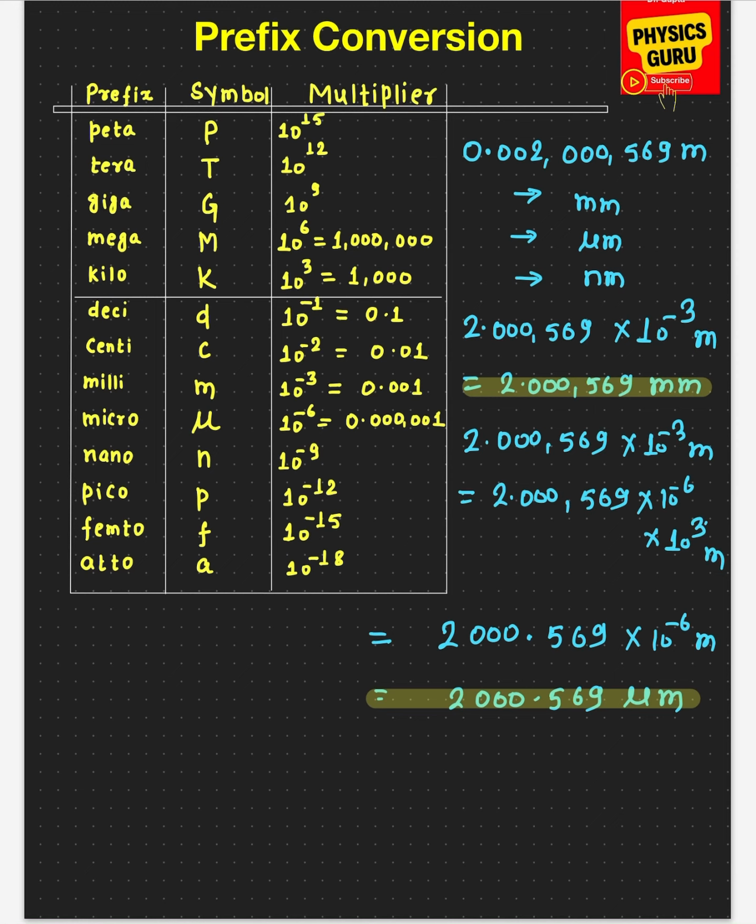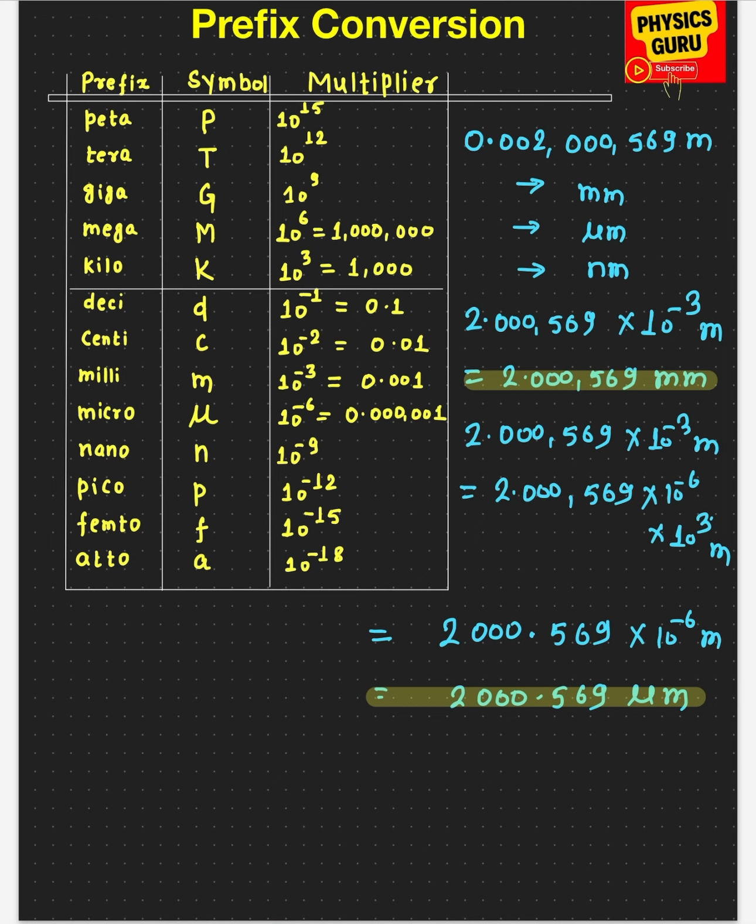What's the last step? It is now to convert into nanometer. Let's start with this number one more time: 2000.569 times 10 to the negative 6 meter. If I have to convert into nanometer, I have to write it in terms of 10 to the negative 9. So what I'm going to do is 2000.569 times 10 to the negative 9, and it has to be times 10 to the 3, right?